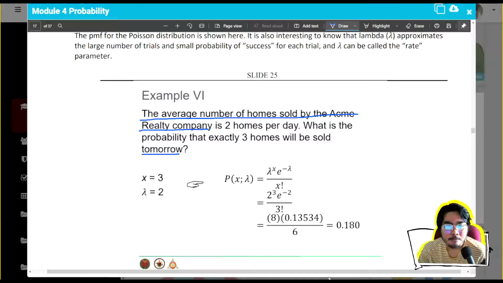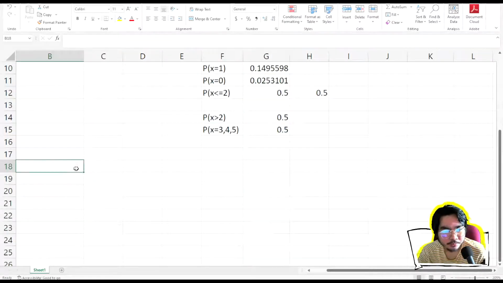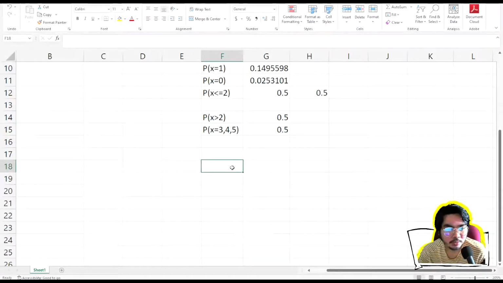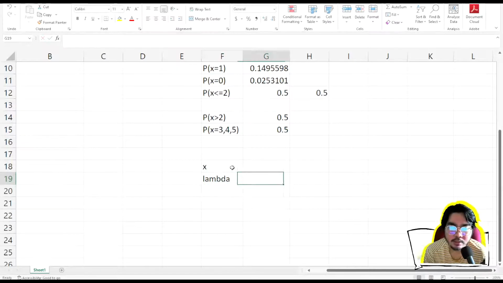So, okay? So, again, babalik tayo sa Excel dito, no? Because Excel also has a function for the Poisson distribution. No? So si Poisson distribution has only 2, no? So it's number of successes and the lambda value, no, which is the average. Okay?